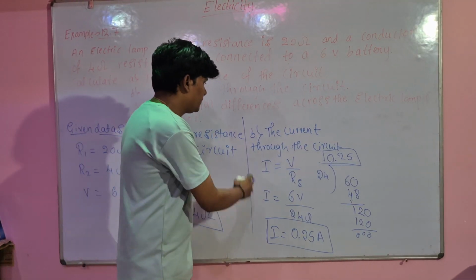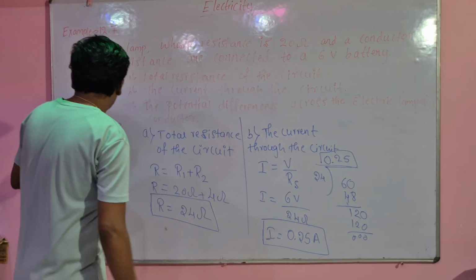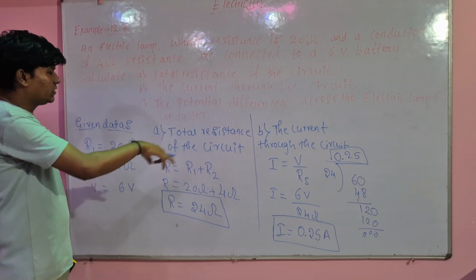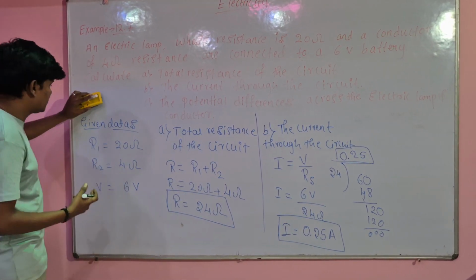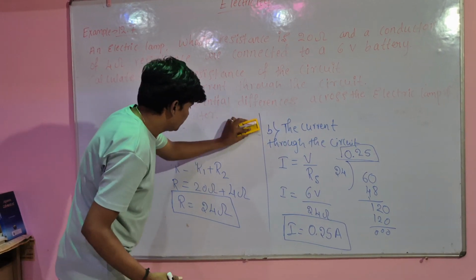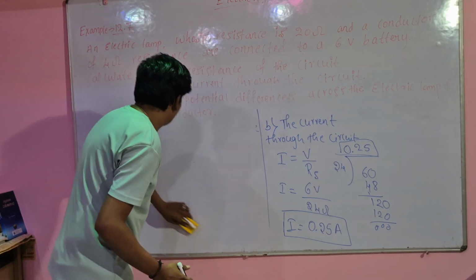B is done, and there is no space, so we have to rub this out to solve C. You can rewind the video and you will get A and also the given data. So what is C?